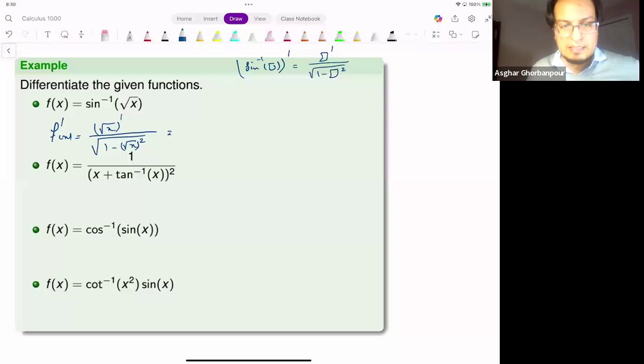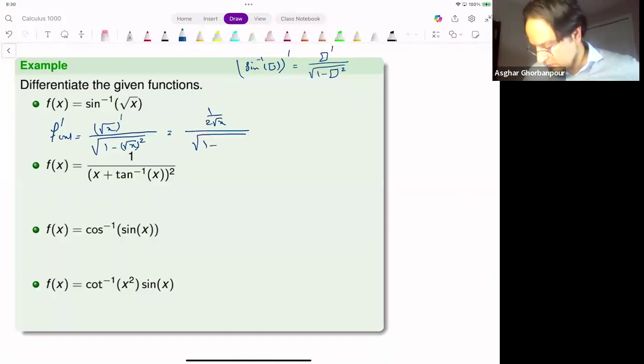The derivative of square root is 1 over 2 root x, and 1 over root of x squared is x, so we have 1 over 2 root x times root of 1 minus x.